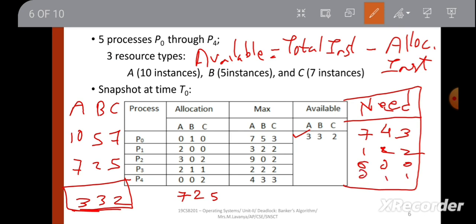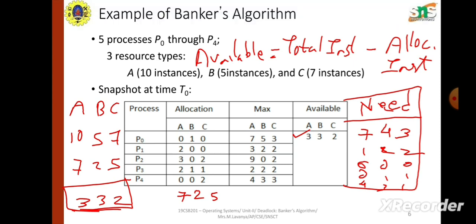Then for process P4, 433 minus 002 is 4, 3, 1. This is the need matrix for the given processes. This is given in the next slide.